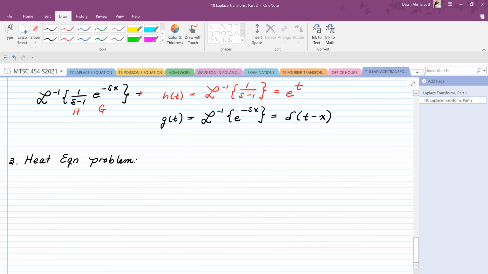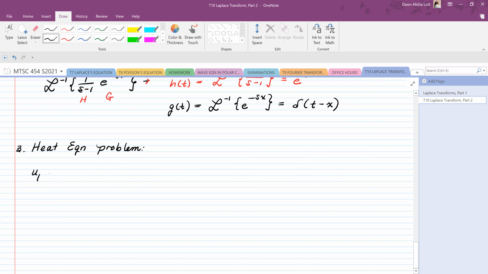So you get u sub t is equal to u_xx, 0 less than x less than infinity, t greater than 0. u of 0 and t is equal to 70, and u of x and 0 is 0.